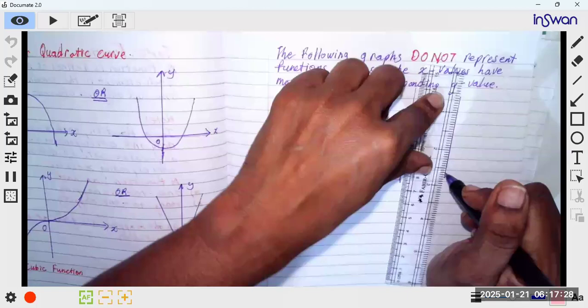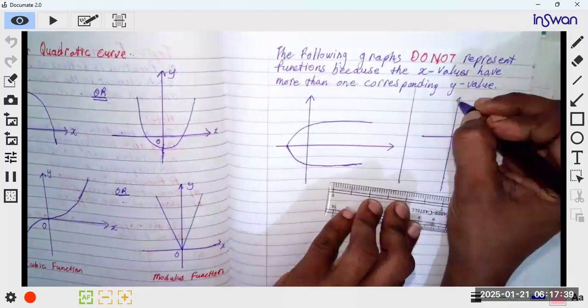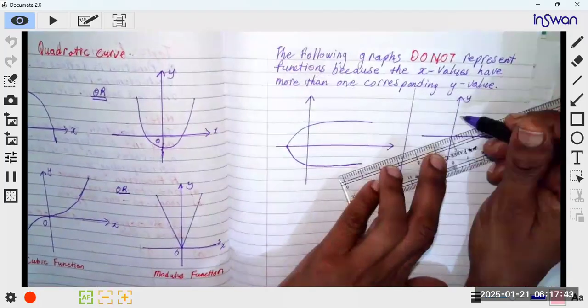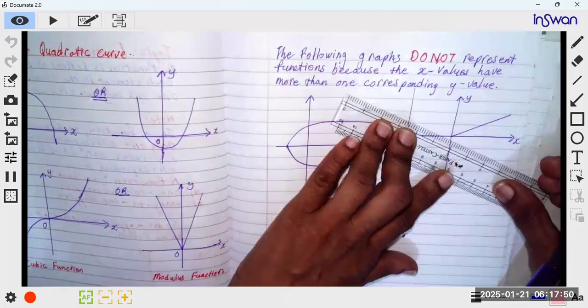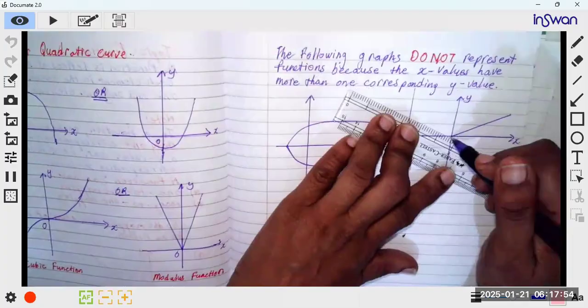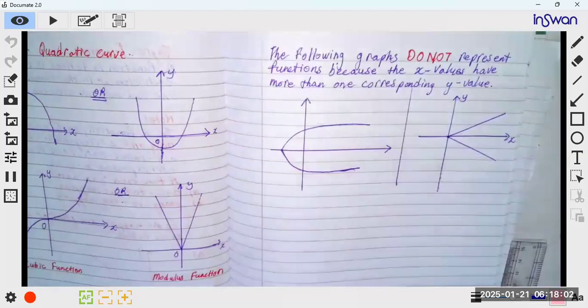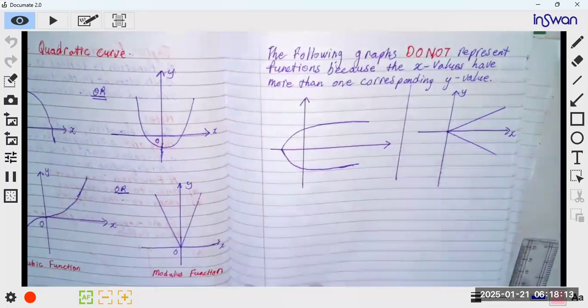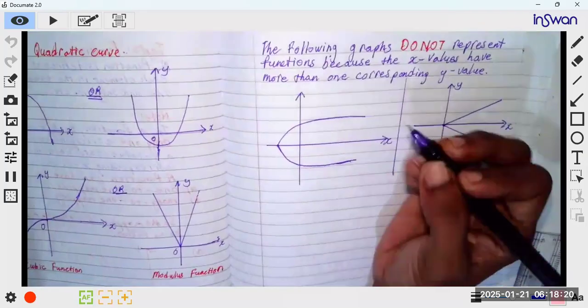This is my X, this is my Y. So here it will be 1, and here will be the other one. These are not functions. So if you see a graph looking like that, you know they are not functions. If you see in the multiple choice they give you graphs looking like what you see here, either this or this, they are not functions. Okay?